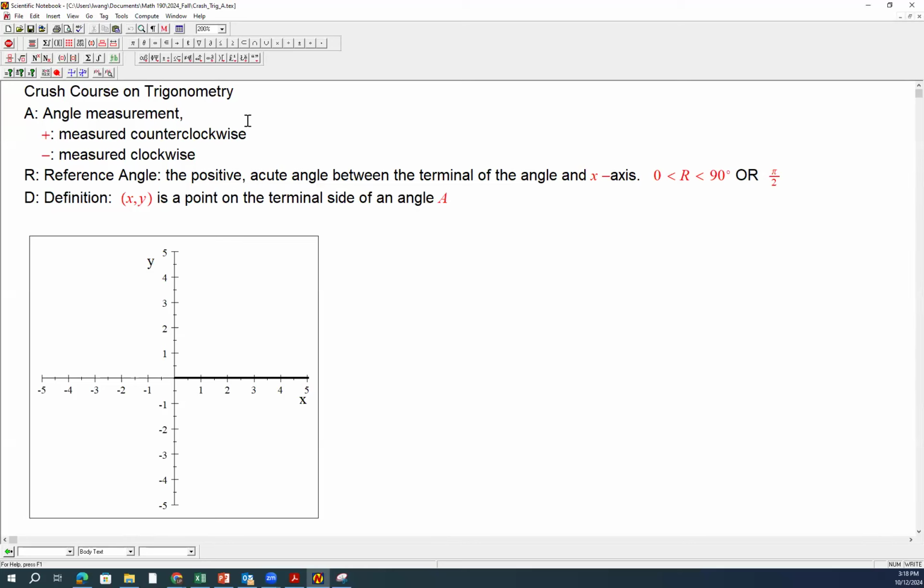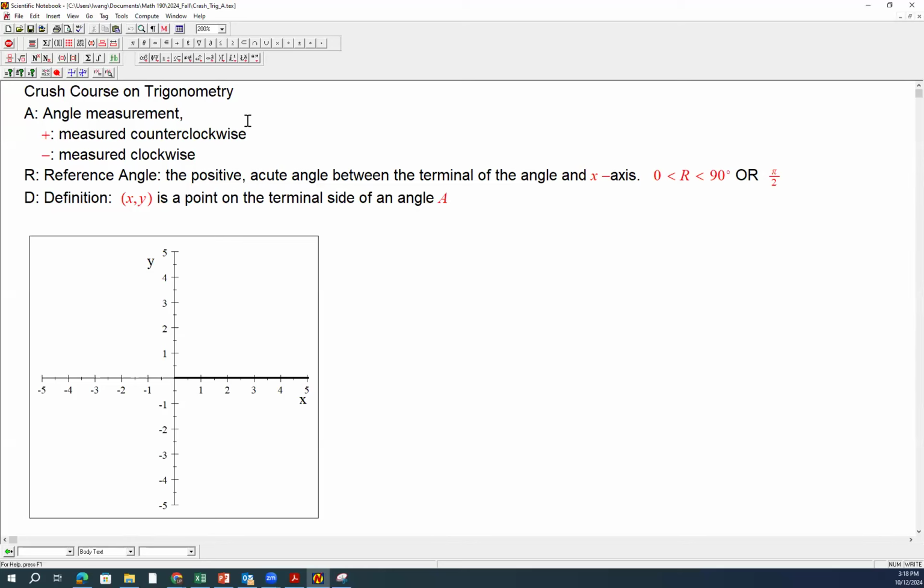All right. So sine of A equals y divided by r. And cosine A is going to be x over r.